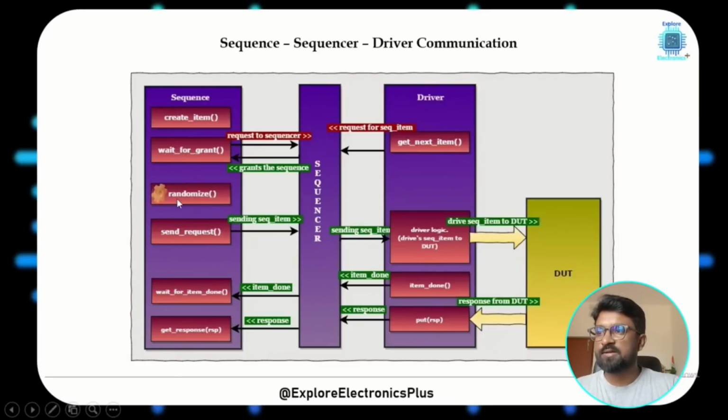The sequence will randomize and then send the sequence item to the sequencer, which sends it to the driver. The driver then gives it to the DUT through the interface. Similarly, the response comes from the DUT to the driver, and the driver will send the item done information to the sequence. This is how the run phase of sequence, sequencer and driver works.